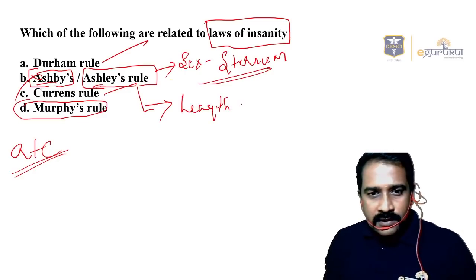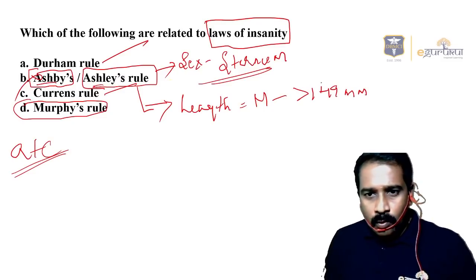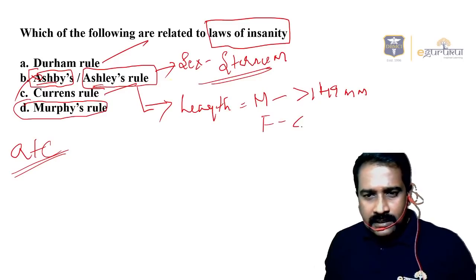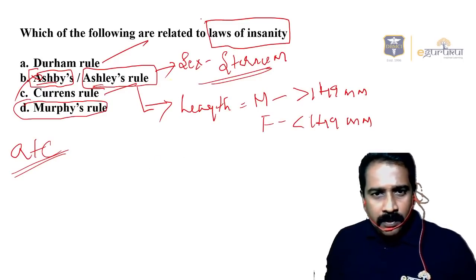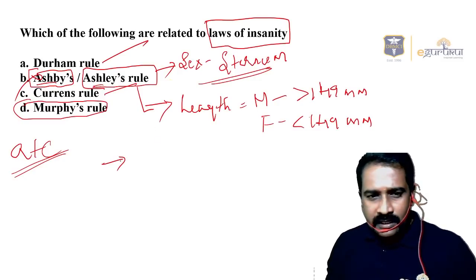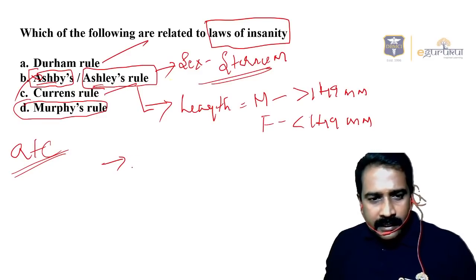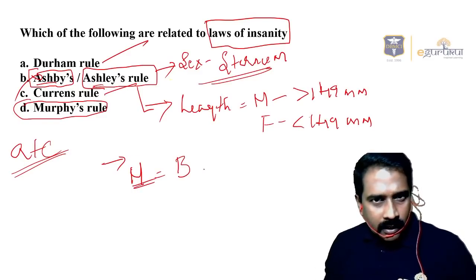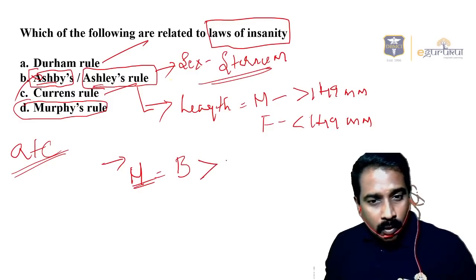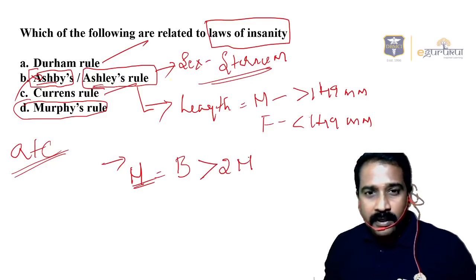See, the overall length of the sternum in males is greater than 149 millimeters, in females less than 149 millimeters. This is one point of Ashley's rule. The second point, which some textbooks attribute, is that in males, the length of the body of the sternum is more than twice the length of the manubrium.